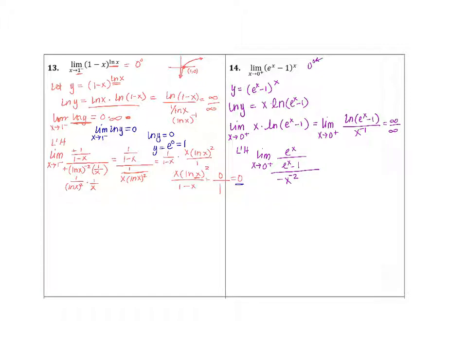And once more, if we plug in our 0, we're going to get 0 over 0. Sweet goodness. And so now we're ready to go ahead and do L'Hopital's rule one more time. I would go ahead and clear up some of the fractions, though, on that. So let's go ahead and do that. And if we do clear up some of the fractions, let's see what we're going to get.